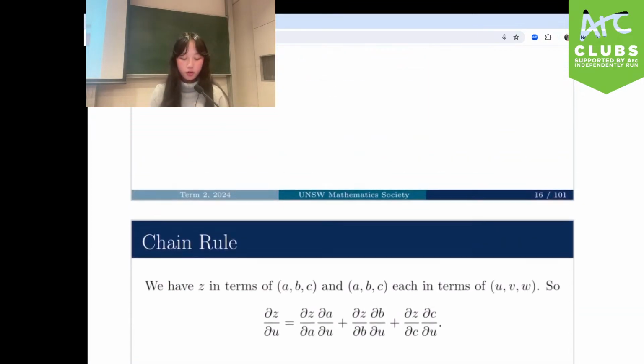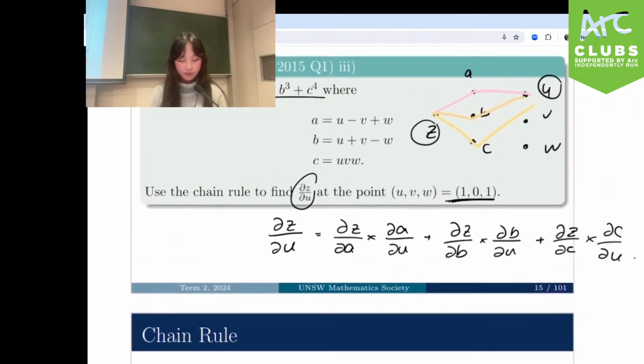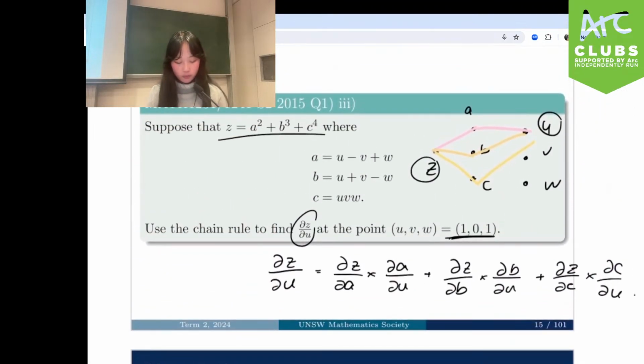Okay, I'm going to scroll back up here just for the formulae. So what is delta z on delta a? It's 2a, because we take the derivative of a squared, and everything else is just considered a constant. What's delta a on delta u? It's 1, because we're just taking the derivative with respect to u. What's delta z on delta b?